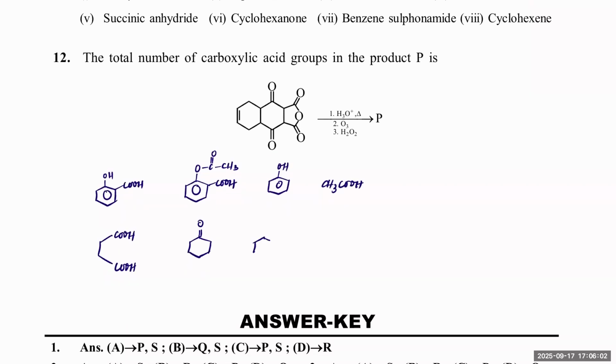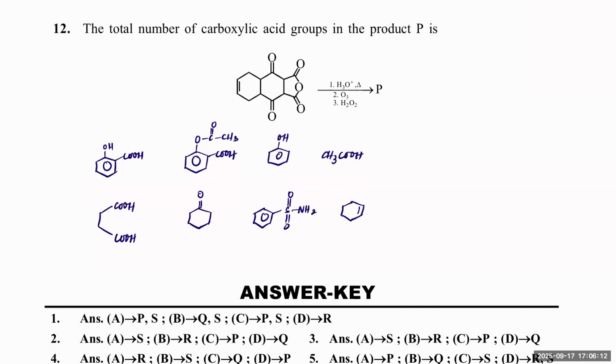Benzene sulfonamide. Cyclohexene is this one. Okay. So you know that when it comes to pK values here, this one will have acid, acid, acid, and acid. Okay.